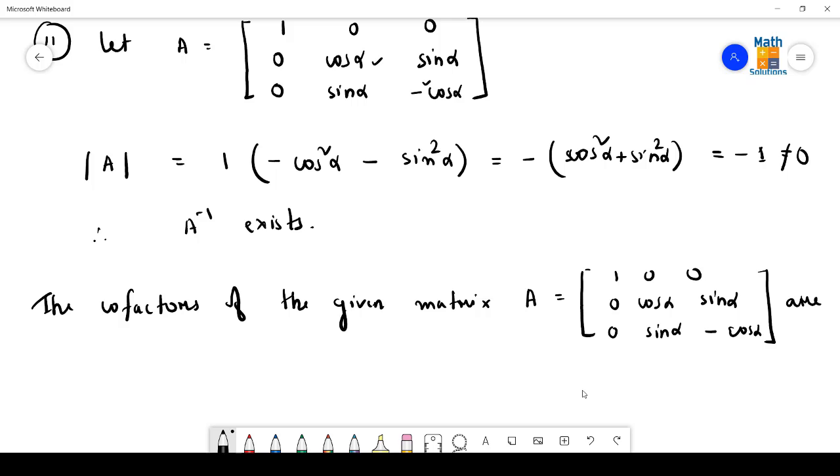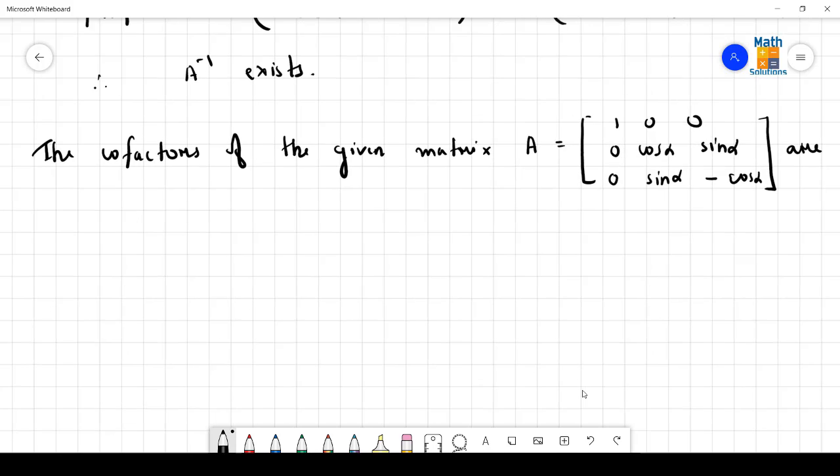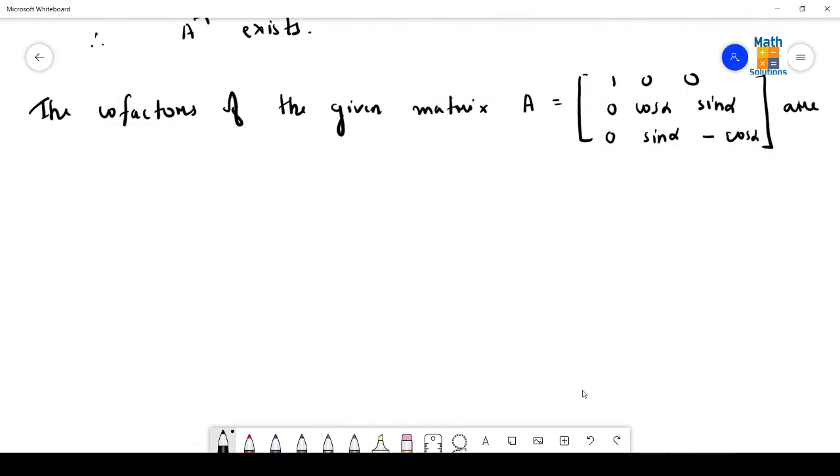A11 will be with positive sign convention, and the elements will be cos alpha, sin alpha, then sin alpha, minus cos alpha, in determinant form.